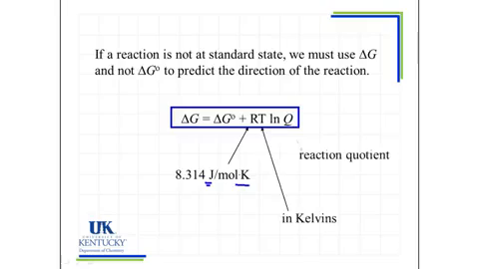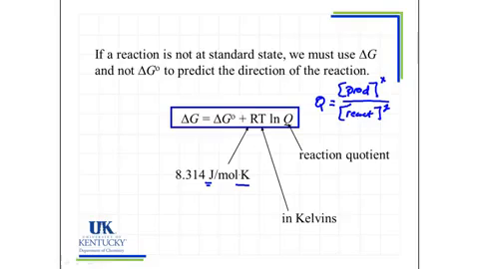And our Q is the reaction quotient. And the reaction quotient, if we remember, for a reaction is just like a K, equilibrium constant. Its products and its concentrations if they're aqueous, its pressures if it's gases, but its products over reactants raised to the power of their coefficients. Okay, so there's some coefficients of the balanced equation, it's raised to those powers. So that's what the reaction quotient is.